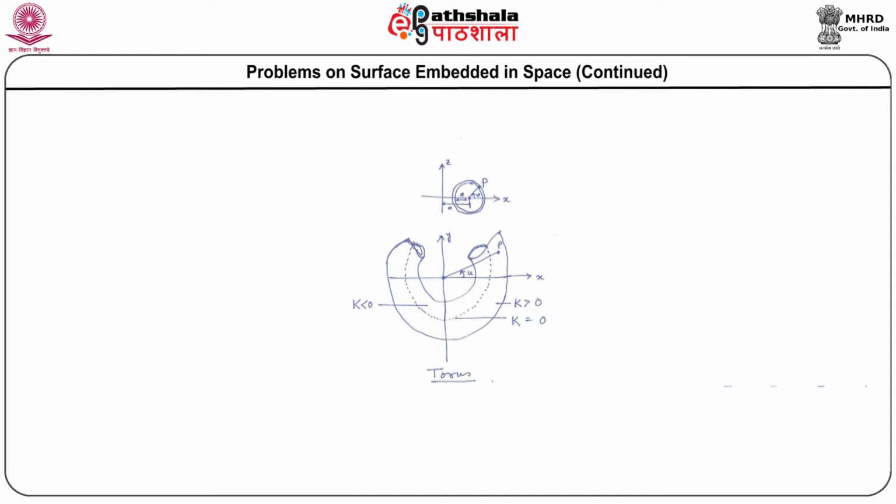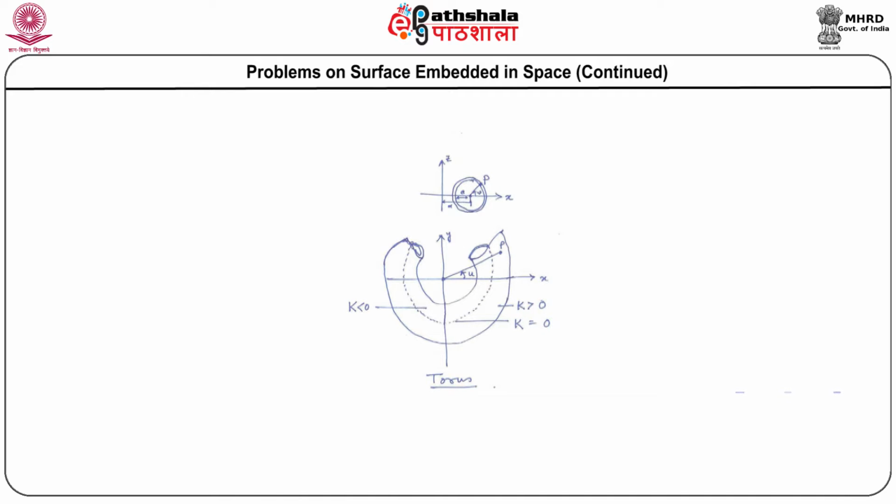Now, if this circle is rotated along the z axis, then we shall get this torus of genus 1, and here it is a figure when the torus is just separated at a point.